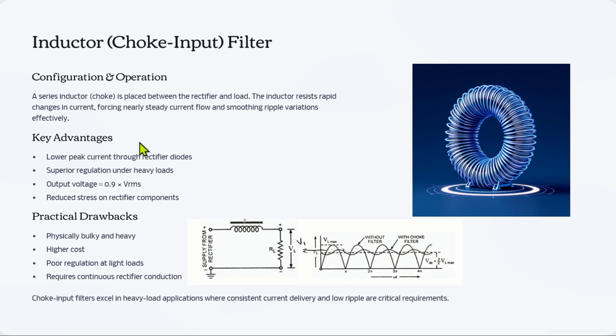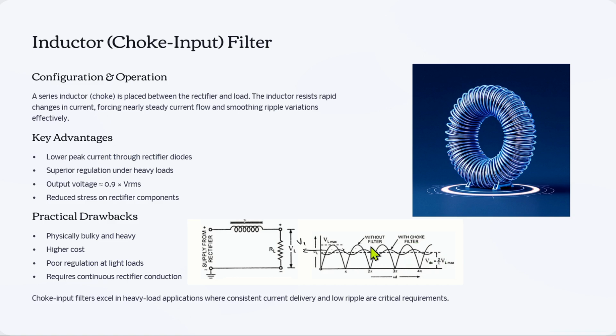So the inductor behaves like a current smoother, as you can see in this waveform. It is best used when the load draws high current, like motors and power supplies. The unidirectional AC signal gets converted into a smooth filtered output as shown here.